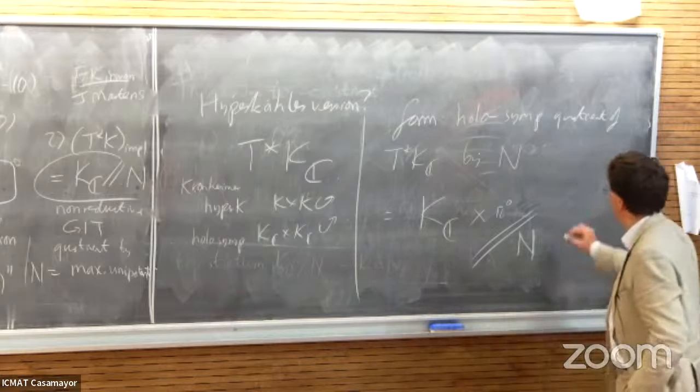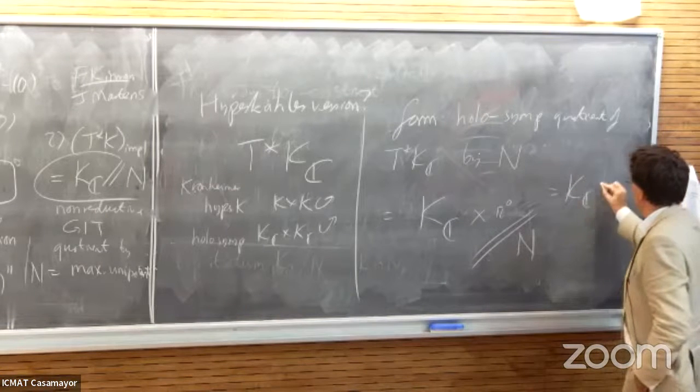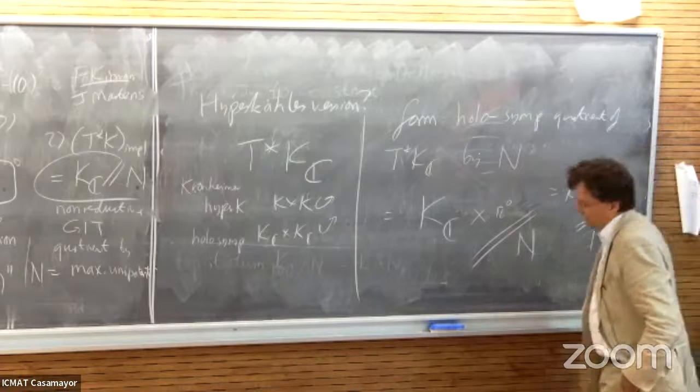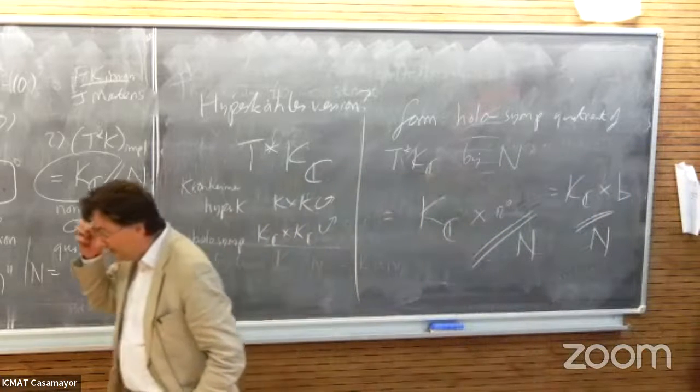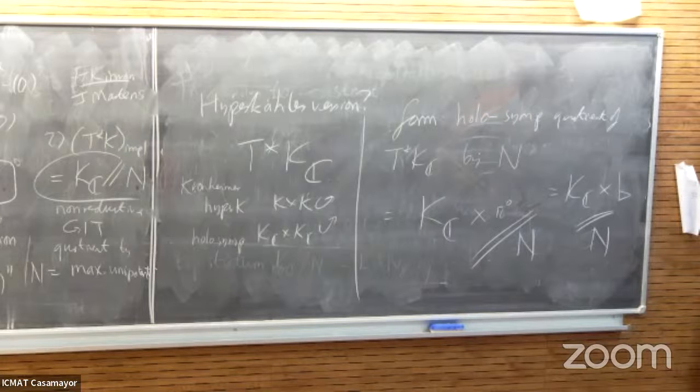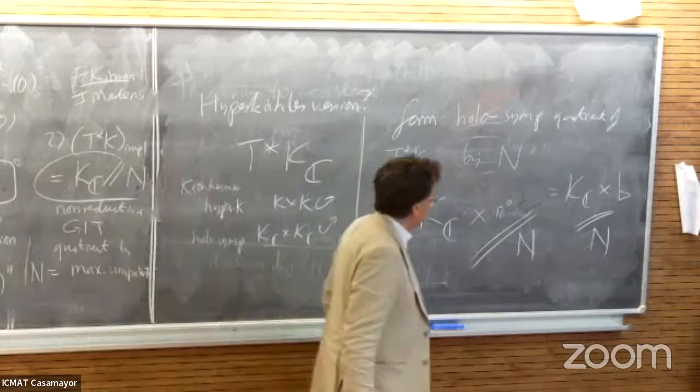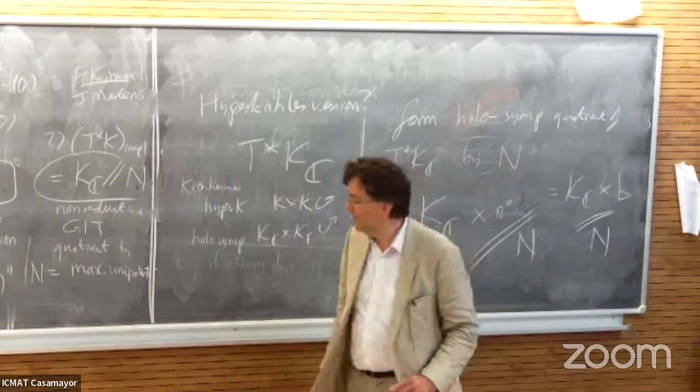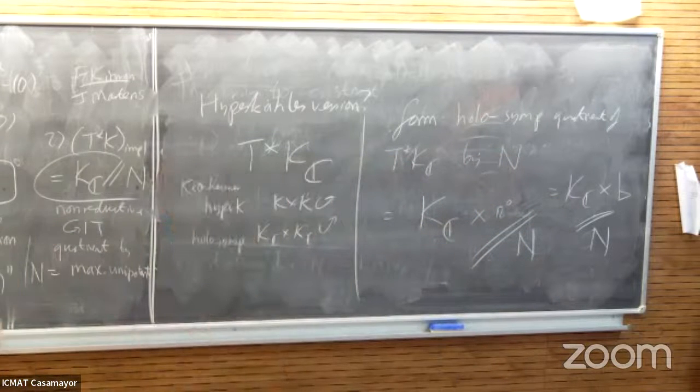So we're basically looking at that. Or if we wanted to, we could identify, on choosing an invariant linear form in a product, n0 with B. So the hyperkahler version of the universal implosion should be that guy. And that actually does work.